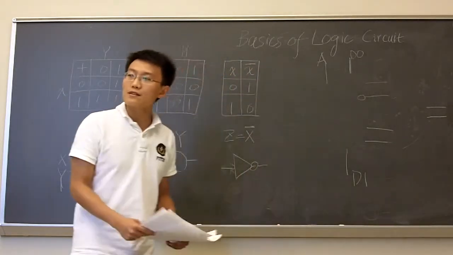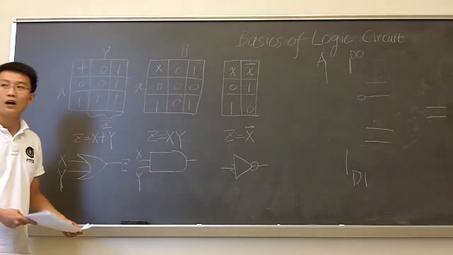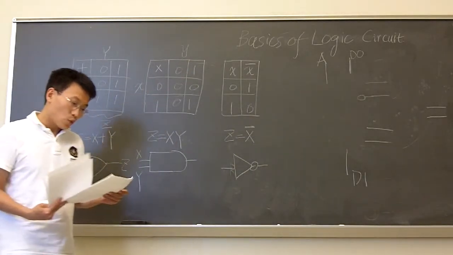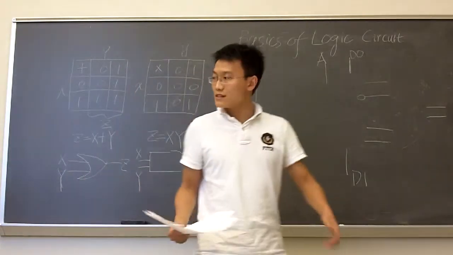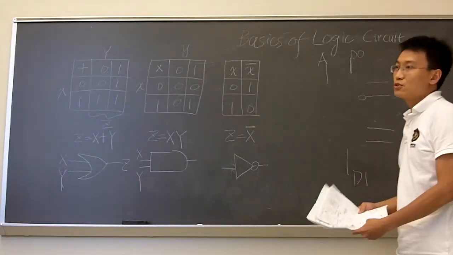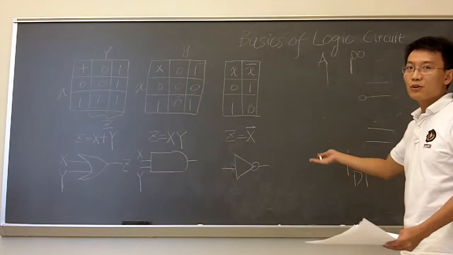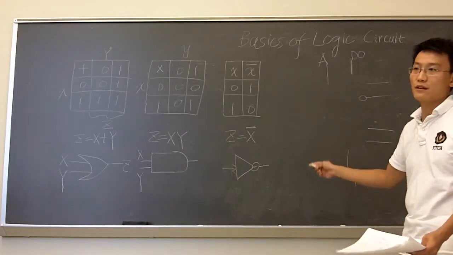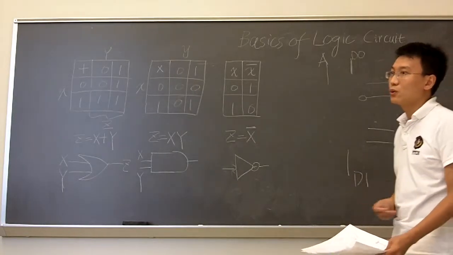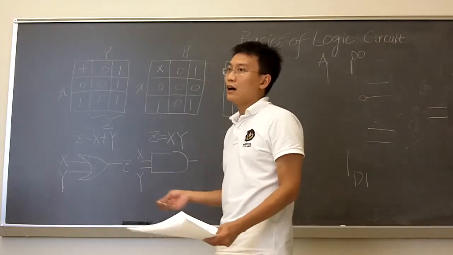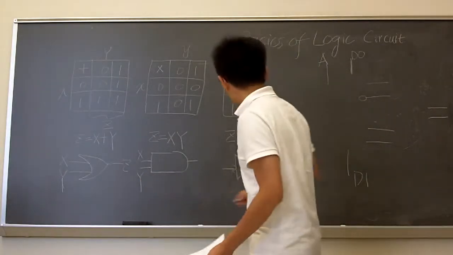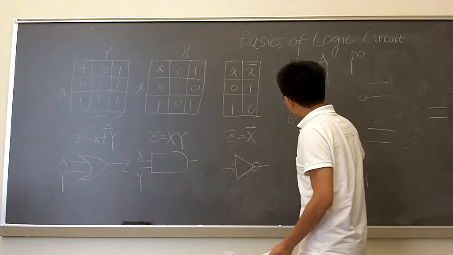Now, this lesson is basically about how we will use these basic blocks to build a computer-like thing, our computers, to help us calculate our functions, for example, the log functions.